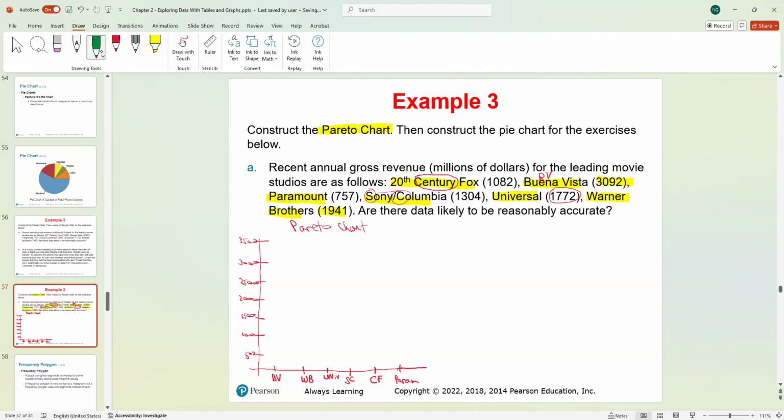So how would the graph be? We know Buena Vista goes to 3090, so we can go up to 3000, maybe somewhere here.